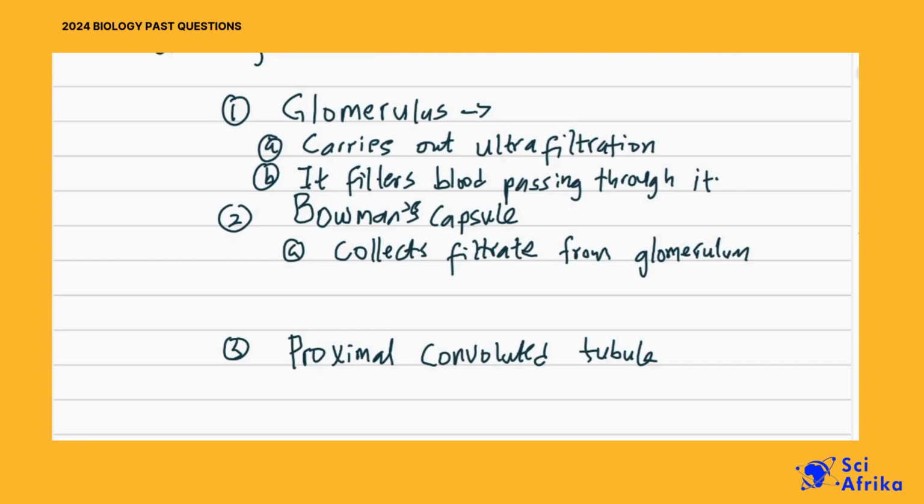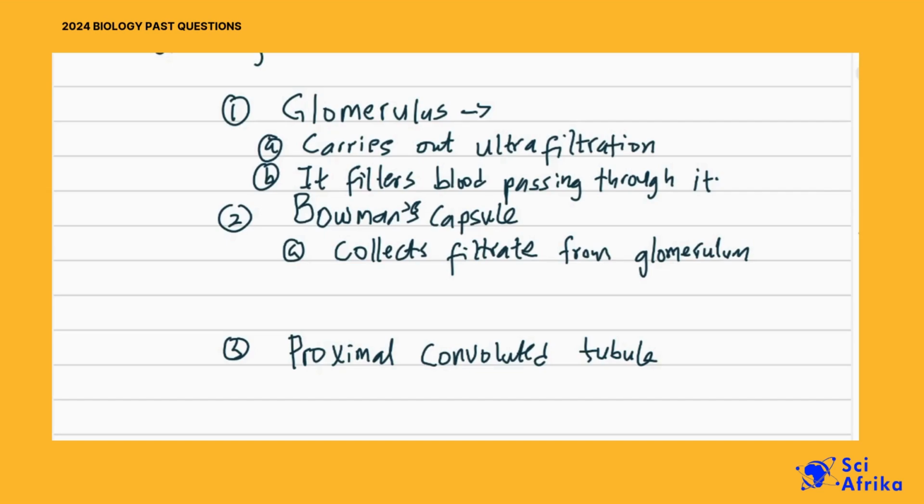So we shall move to the next part, the proximal convoluted tubules. Actually, the nephron, which is also called the urinary tubule, has two big tubules. The first one is the proximal convoluted tubule, while the other one is called the distal convoluted tubule. Those tubules are coiled, so they are called convoluted because they are coiled.